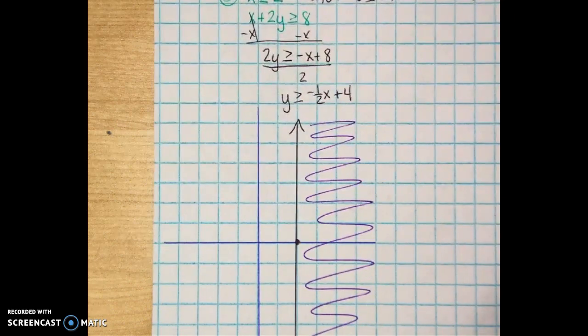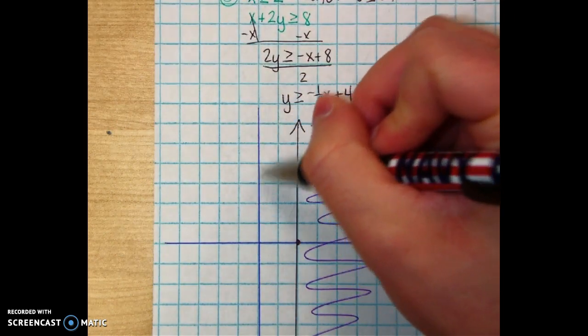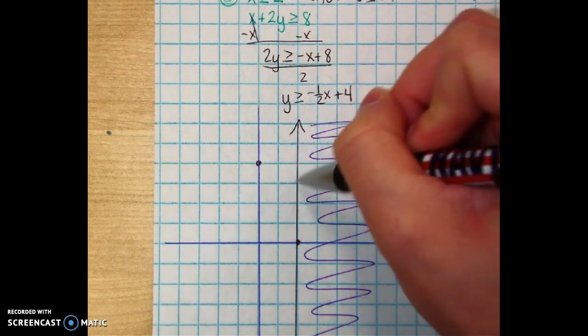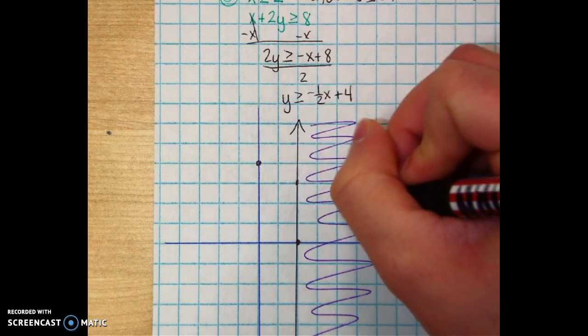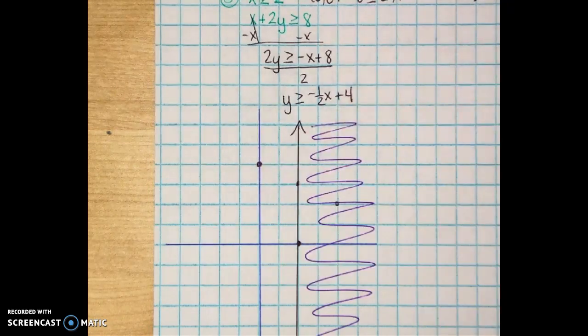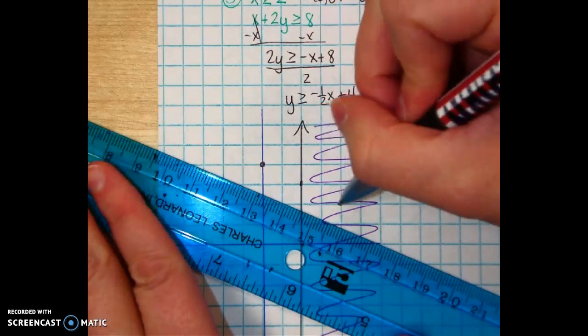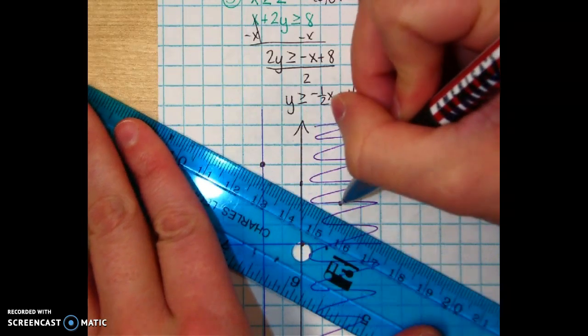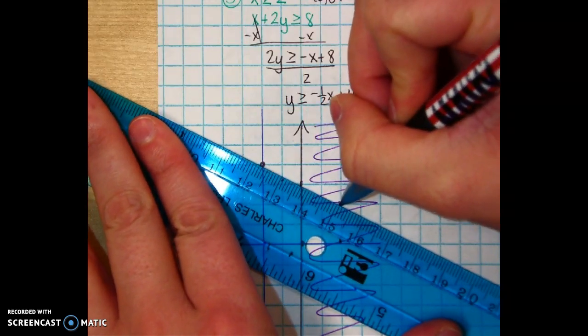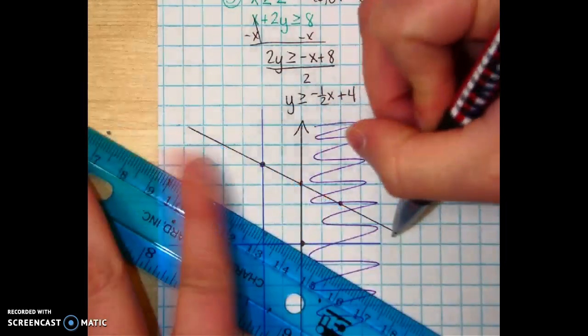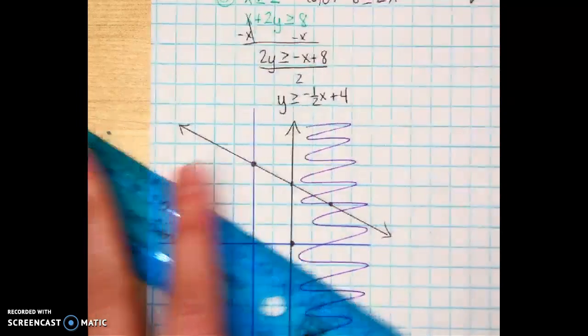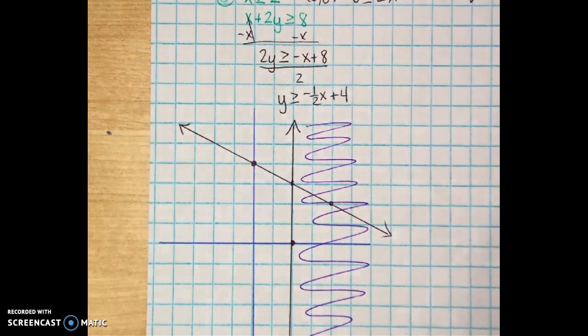Okay, for the other one, you start at 4, go down 1 over 2, and this is a solid line as well. Okay, it doesn't go through 0, 0, so I'm going to try it.